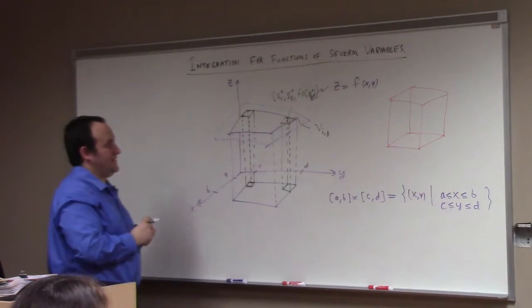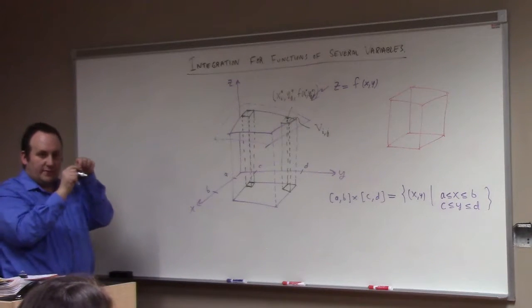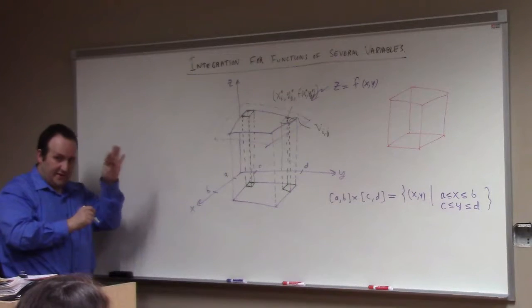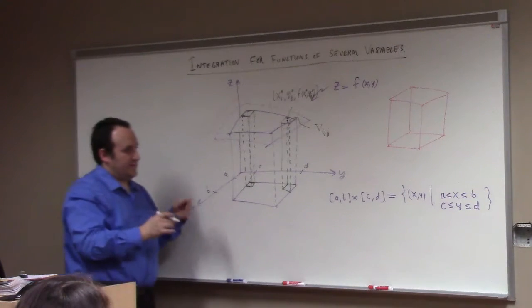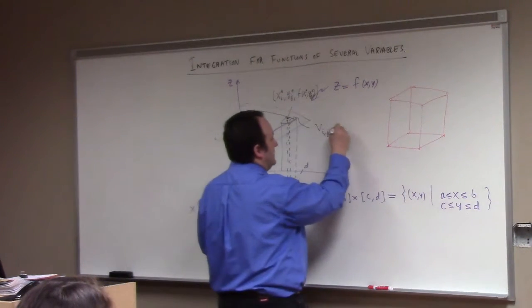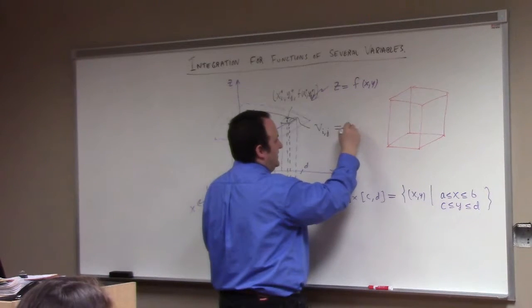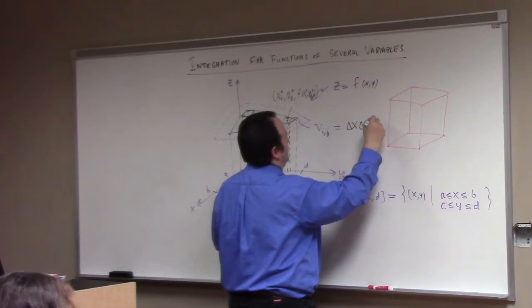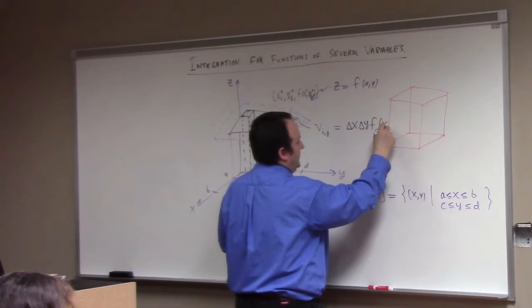So I'm saying that starred point is the one we use to fix the height of the skyscraper. All right. So if that's the case, what's the volume of the skyscraper going to be? It's going to be the change in x times the change in y times the function evaluated at that sample point.